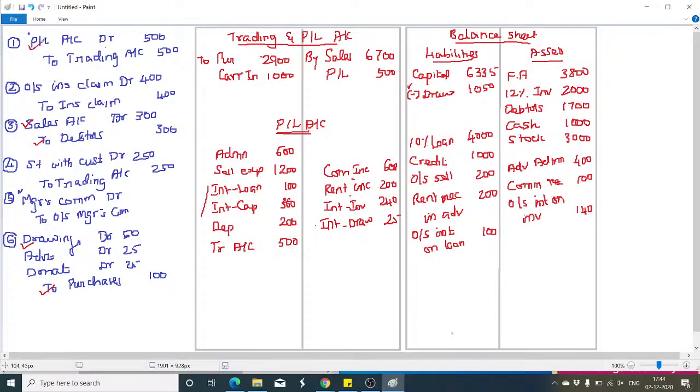So these two were not ticked, means it is not adjusted in the accounts available with the trial balance. So I am posting those values here. Clear? Similarly, outstanding insurance claim amount recoverable, as it's a debit, we own, it will come in the asset side. I will post that value in the asset side. Outstanding insurance claim.